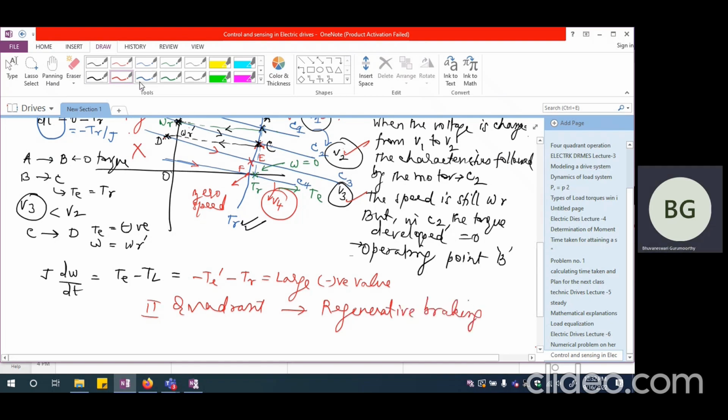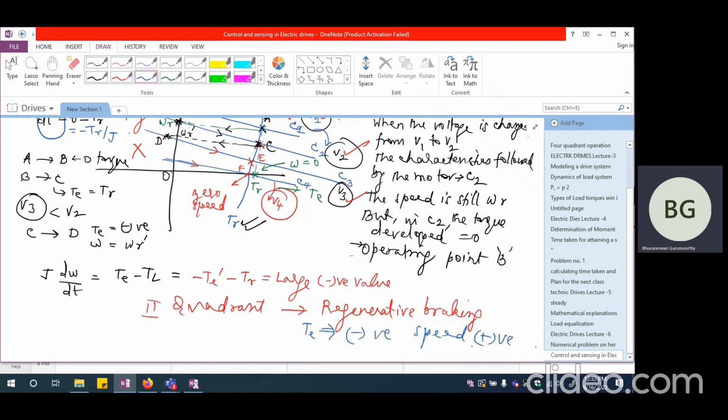Because here the torque is negative, whereas speed is positive. This is what we talked about in our second lecture, I suppose, regarding four quadrant operation, which is forward motoring and forward regeneration, then reverse motoring and reverse regeneration.